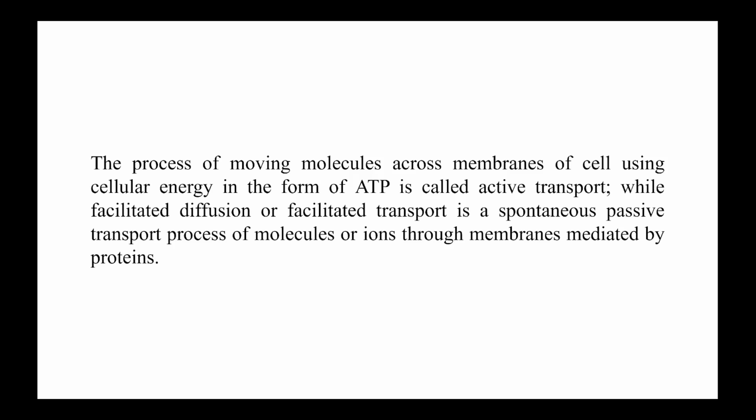The process of moving molecules across the cell membranes using cellular energy in the form of ATP is called active transport, while facilitated diffusion is a spontaneous passive transport of molecules or ions through the membrane mediated by proteins. In active transport, you need energy in the form of ATP, and also transporter proteins.